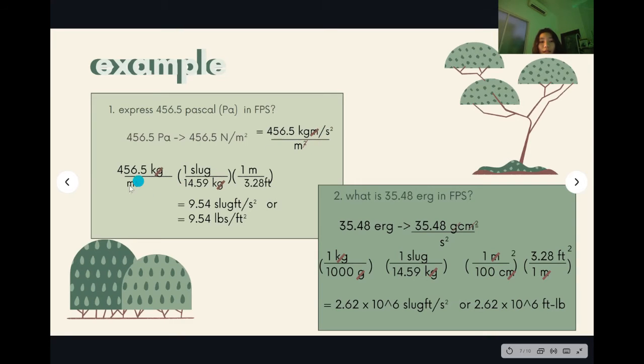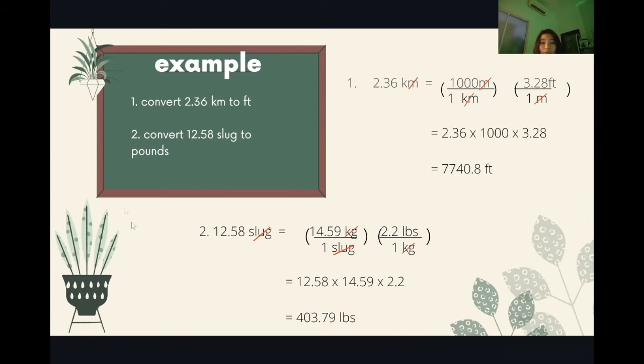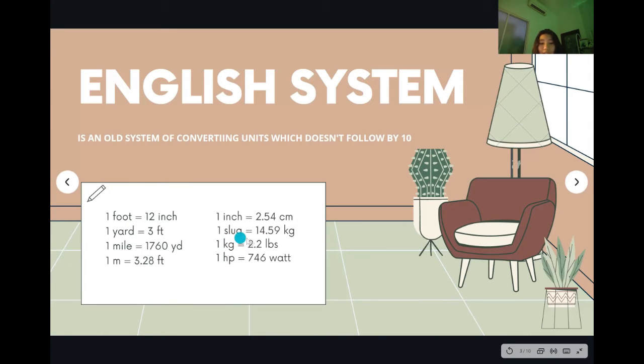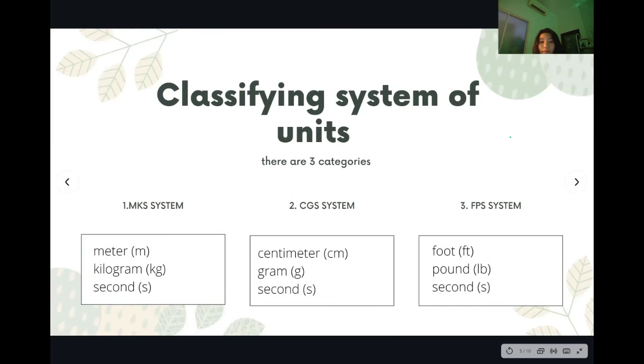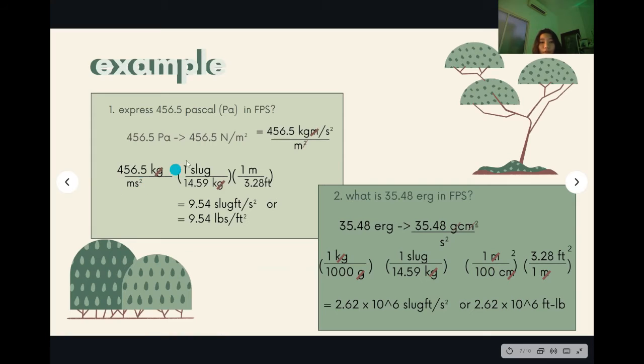So now we have 456.5 kg over m s squared. We need to cancel out the kg, so we use 1 slug equals 14.59 kg. We write it as 1 slug over 14.59 kg, cancel out those kg, and we're left with 1 slug. 1 slug is what we need.